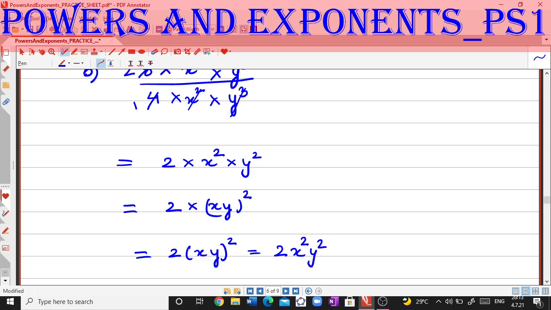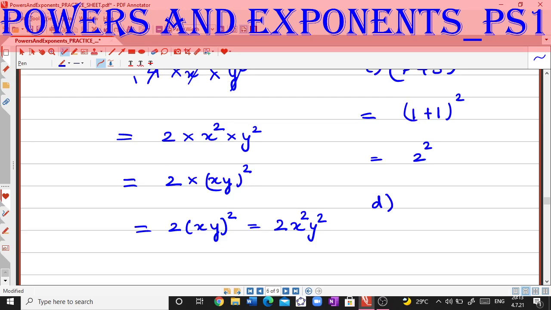So this is the simplification. Now C. C is 7 to the power 0 plus 3 to the power 0, raised to the power 2. So inside the bracket, you have to solve. 7 to the power 0 is 1, 3 to the power 0 is also 1. So 1 plus 1 is 2, so 2 raised to the power 2. This is the final answer.